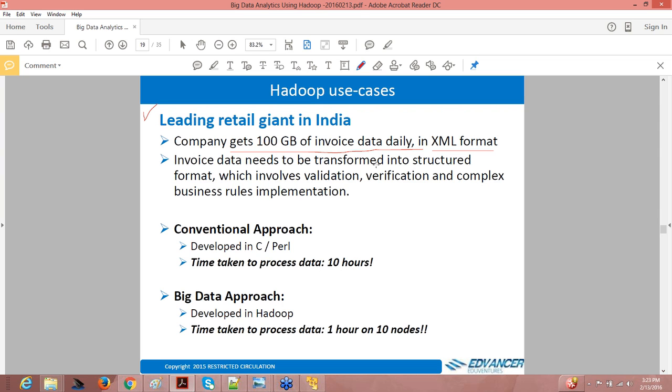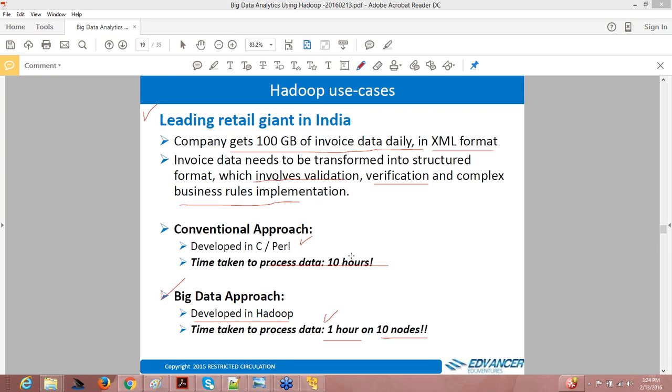This invoice data needs to be transformed into a structured format, and they have to do a lot of validation and verification, validating the data against a lot of business rules. Earlier they were using C and Perl, and using these tools it was taking around 10 hours to complete the processing every day. When they started using Hadoop with a 10 node cluster, they were able to do the processing in 1 hour.